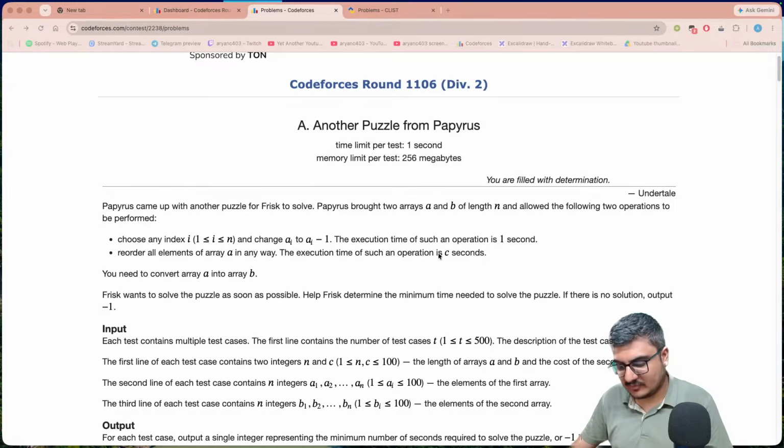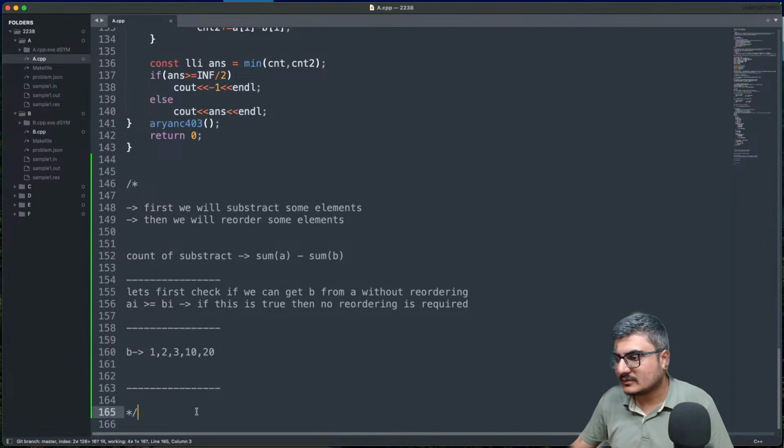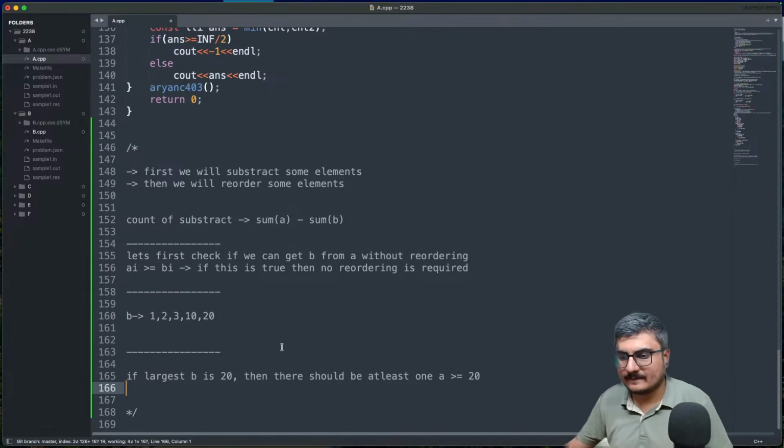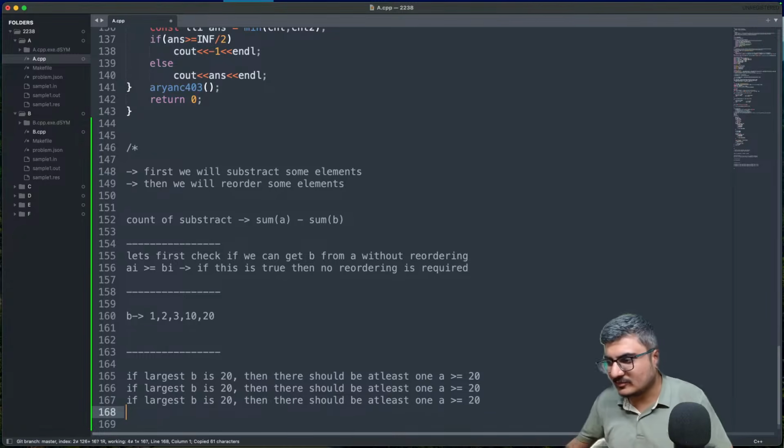My overall idea was as follows. I don't know about E yet, to be honest.